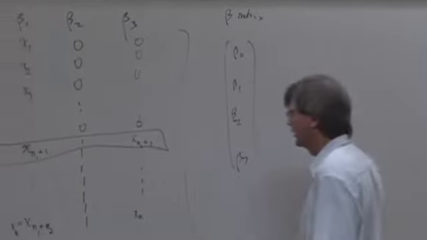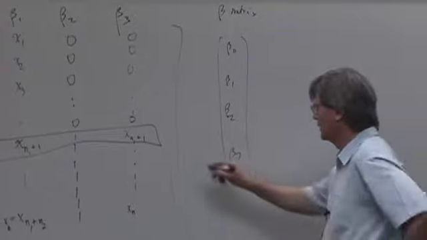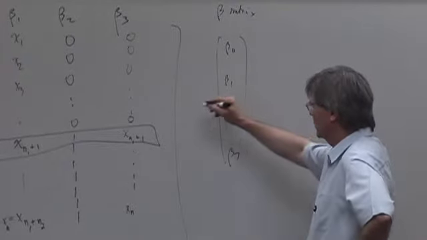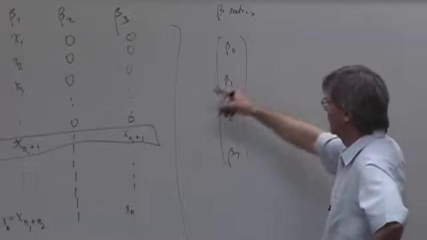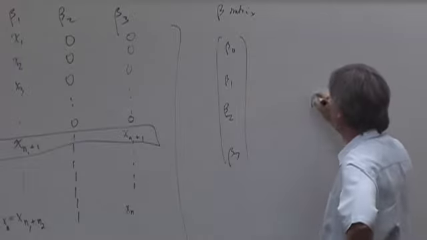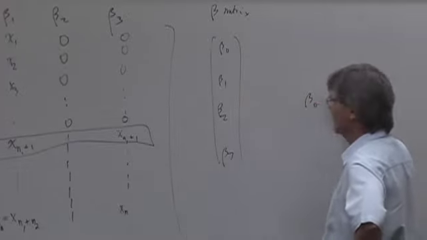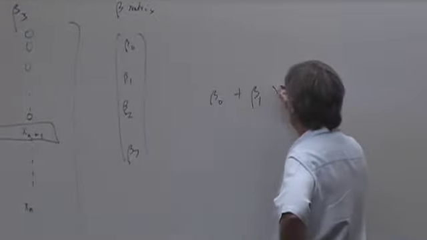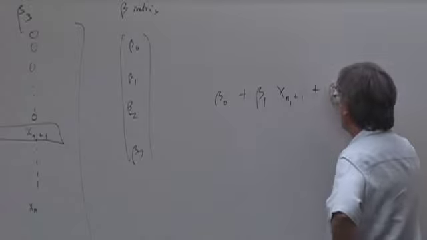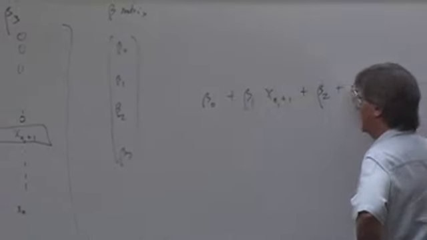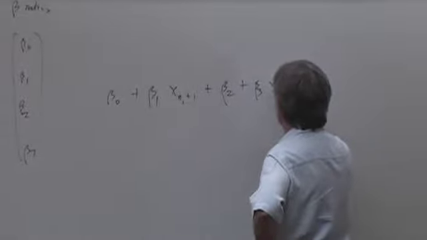Yeah, it's very similar looking. Suppose I multiply that times this. What do I get? I get this row times this column gives me beta 0 plus beta 1 times x n1 plus 1 plus beta 2 plus beta 3 times x n1 plus 1.